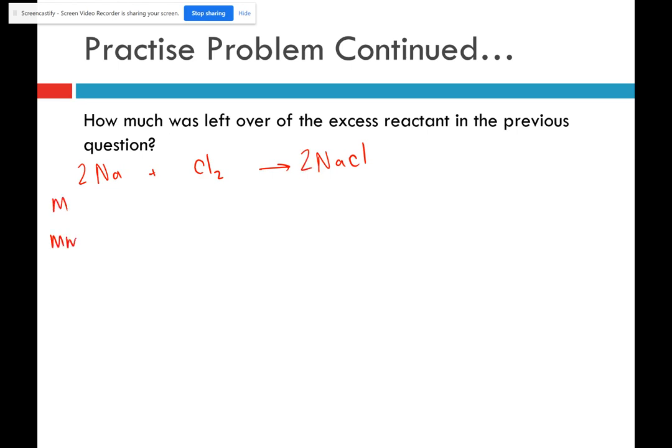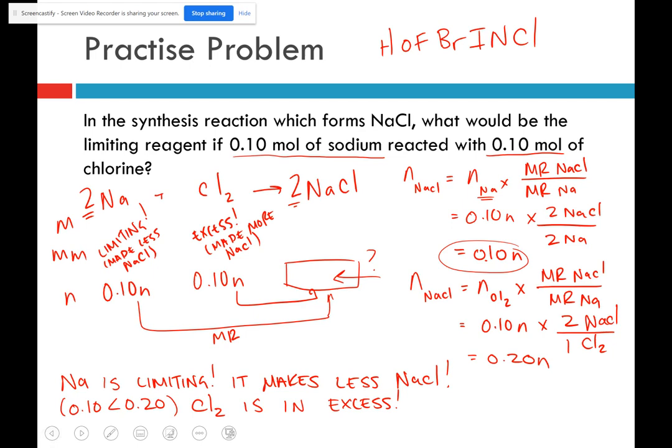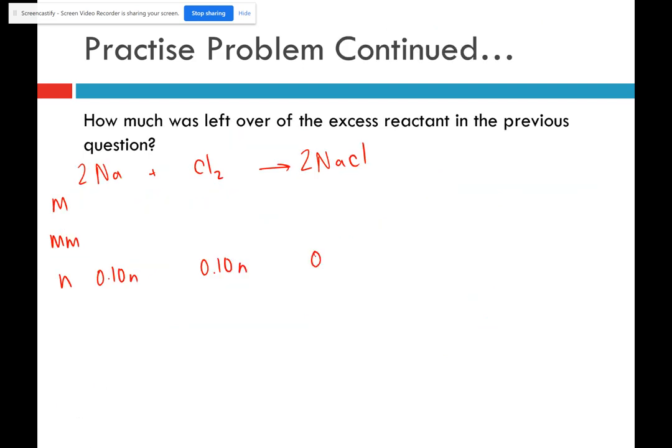Mass, molar mass, mole. We had 0.1 of this, we have 0.1 of this, and if we look in our prediction, we're always going to make the lesser value. We're only going to make 0.1 mole of this. Okay, we know this was limiting, and this was in excess.